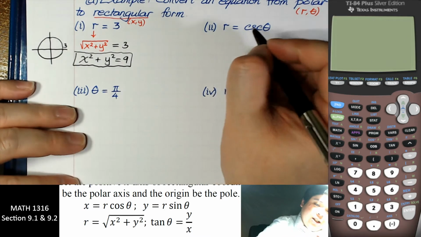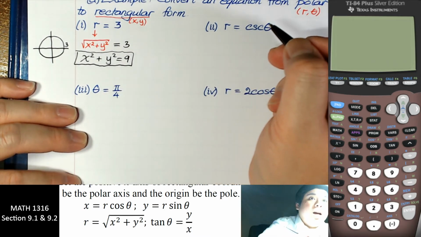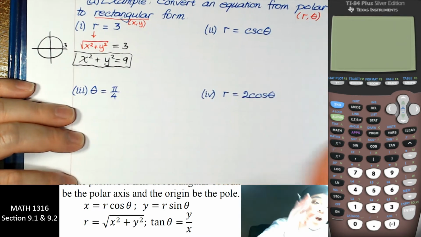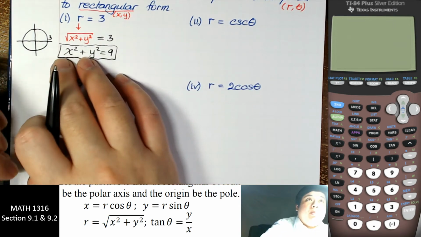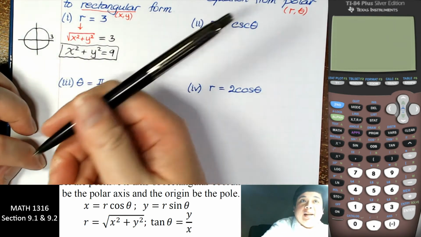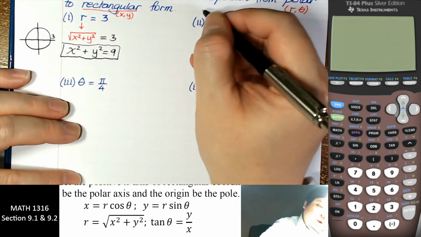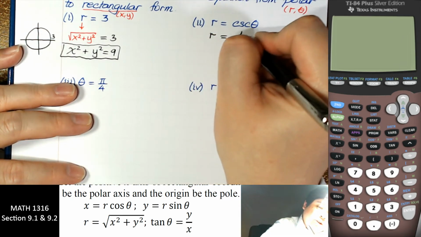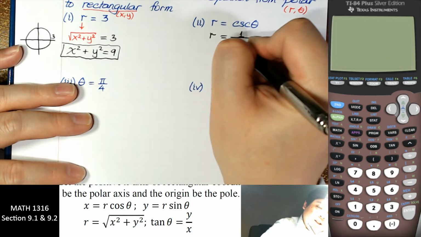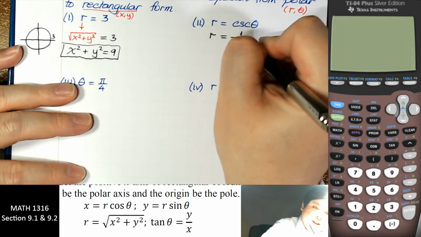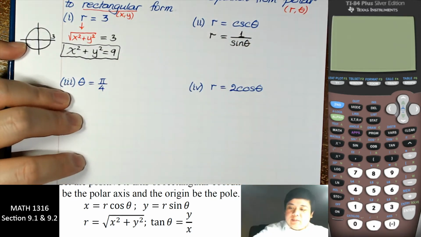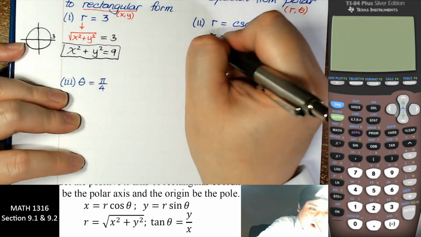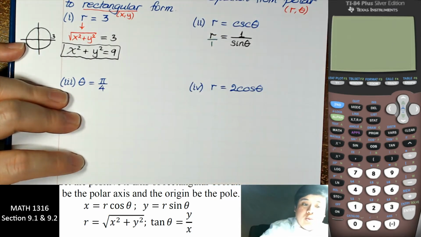Next, r equal to cosecant of theta. We can replace r with square root of x squared plus y squared, but then the cosecant, that is the problem. So first, I just say cosecant, by the way, is 1 over sine, right? Over 1. So let's cross multiply.